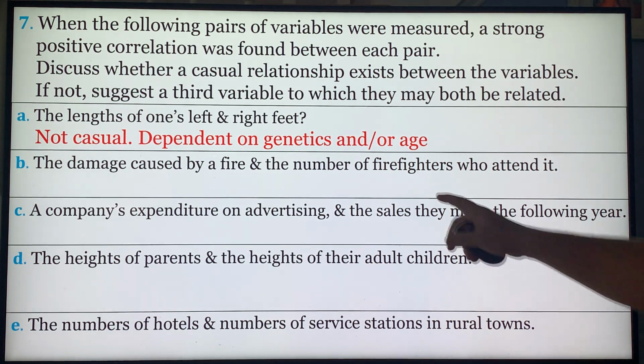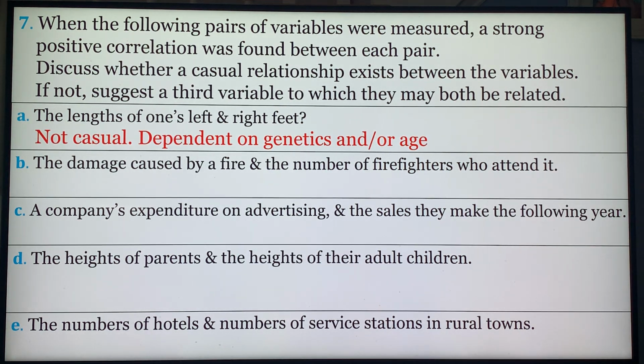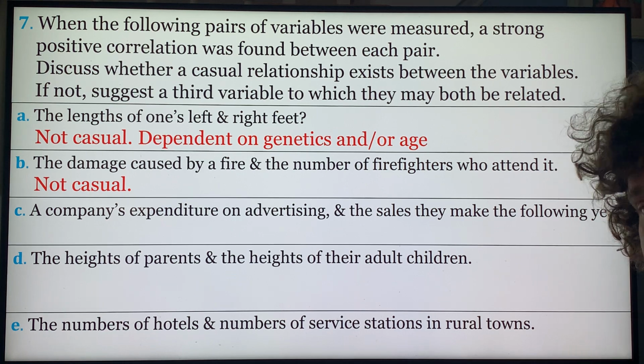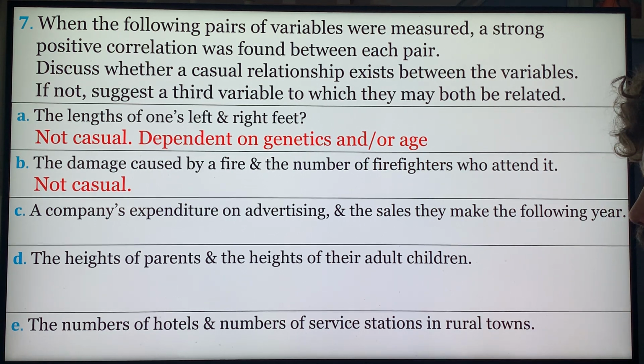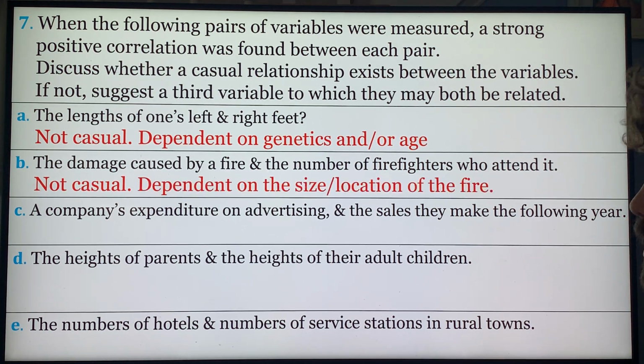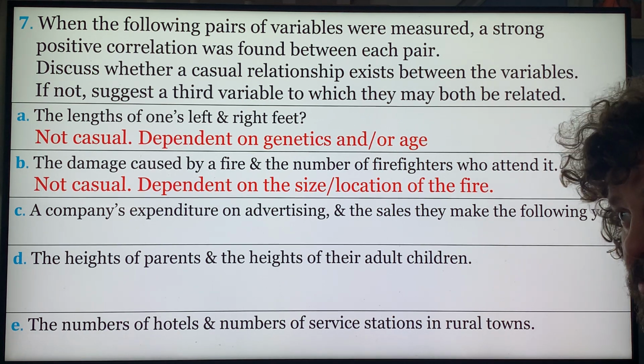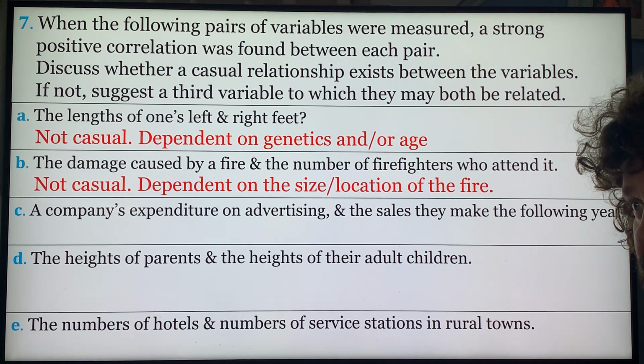Okay? Damage caused by a fire and the number of firefighters who attend it. What do you think? Are those directly related? No. Why not? What are they dependent on? Dependent on the size and location of a fire. You could have 100 firefighters turn up to my tiny little house and my house be burned, or them save my whole house.